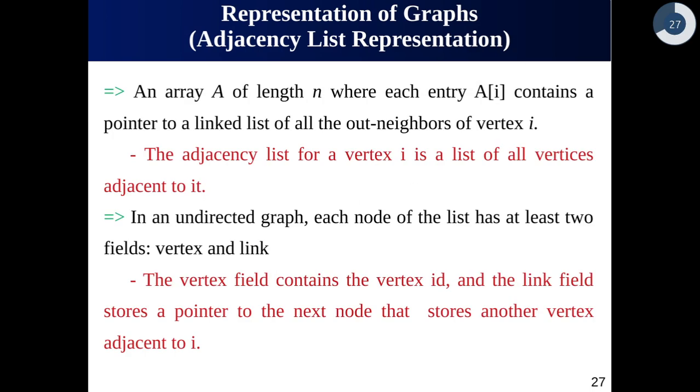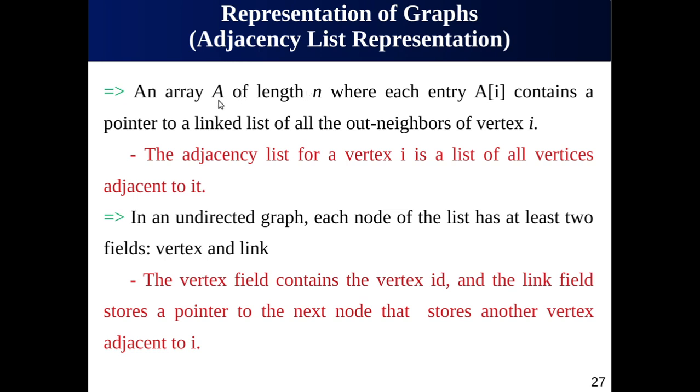Now, the second method. Our second method of representation of the graph inside computer memory is known as adjacency list, or you can say linked list representation. Here, the theoretical part is like this.